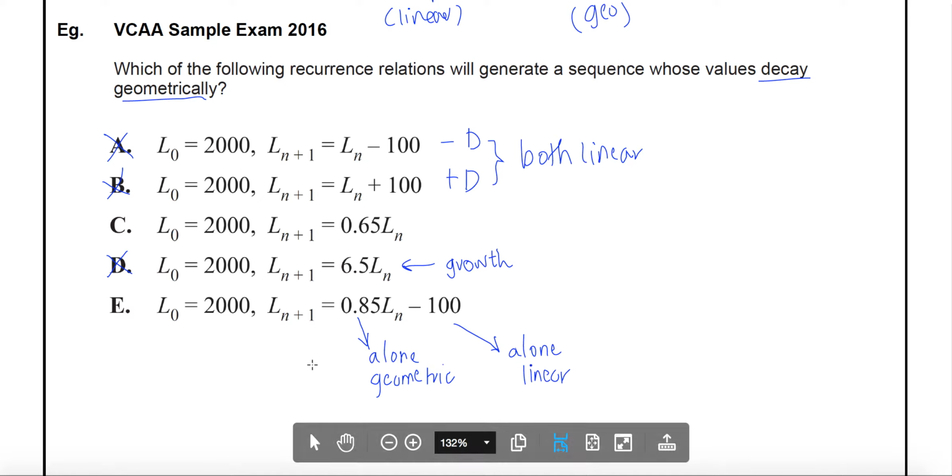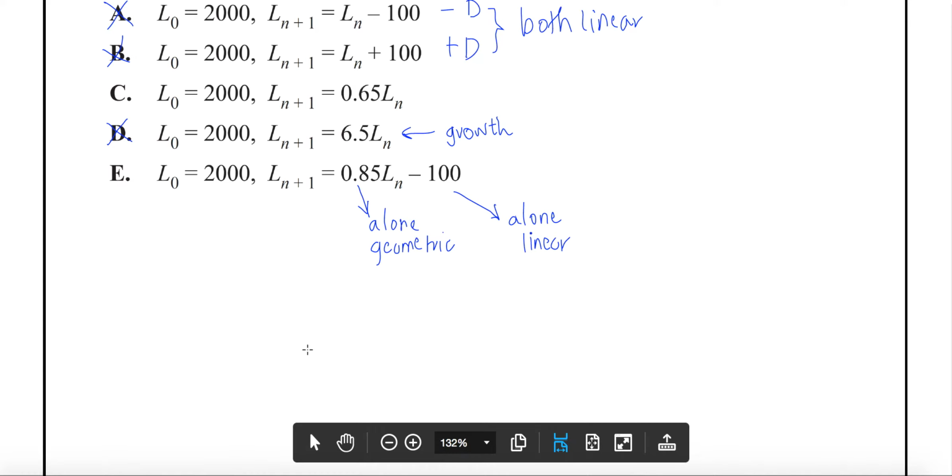However, combined, have a look at this sequence that's generated. The sequence that you get, obviously starting off with 2000, since they all do, you get 1600 as your next term, and then you get 1260, 971, etc. I won't continue because we won't need to.